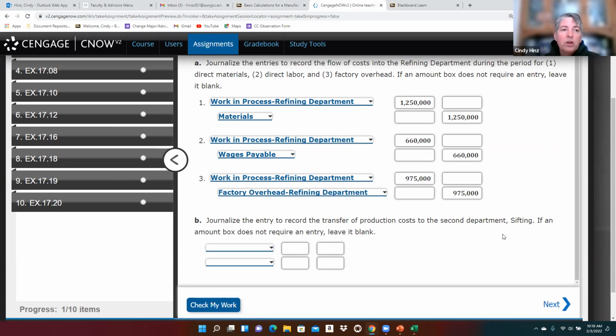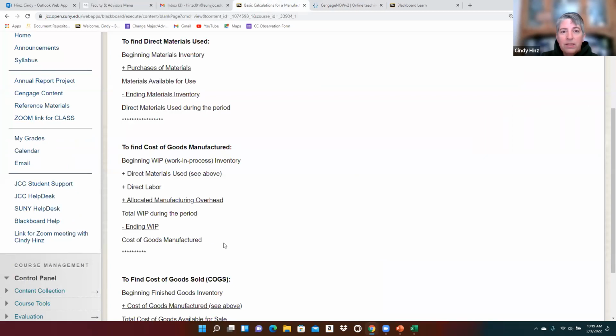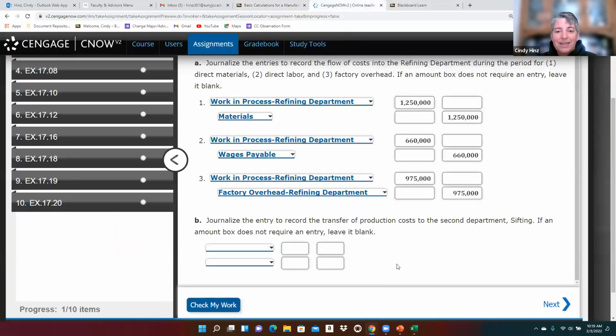The terminology I used in these calculations, where'd it go? There it is. Cost of goods manufactured, in this case, refers to manufactured in the refining department. So this is a calculation of what we finished, what we completed in the refining department during the period.